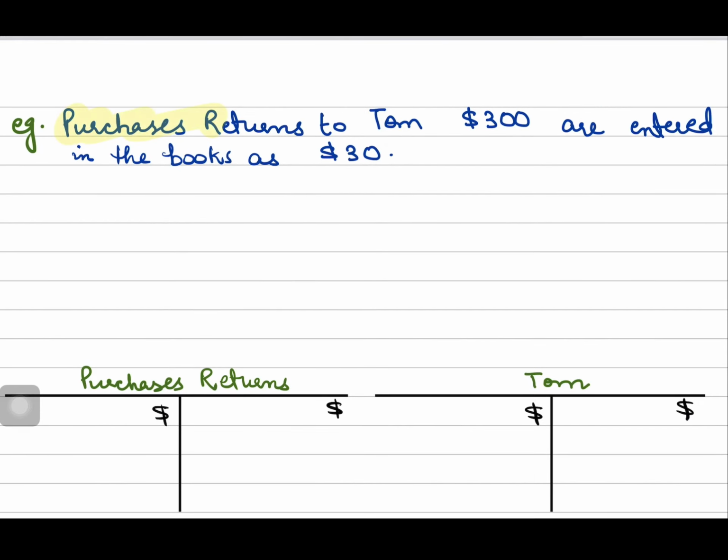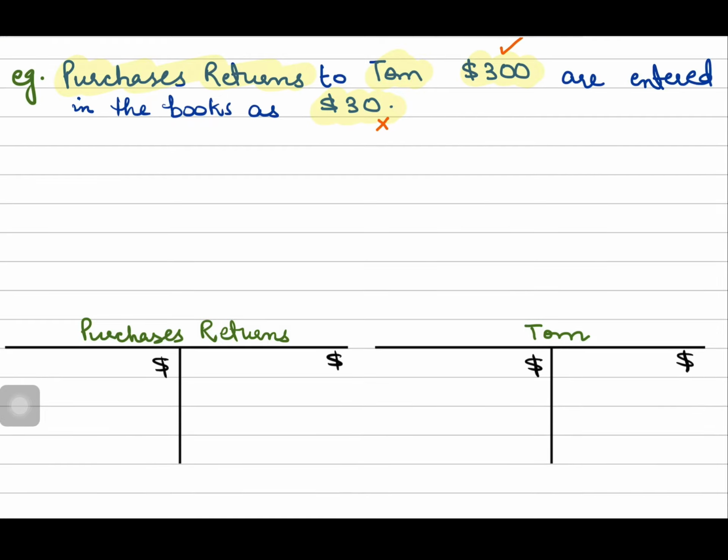For instance, purchases returns to Tom amounting to $300 are entered in the books as $30. So, the original value of the transaction was 300, however, it has been entered as $30. So, what have we done? We know that purchases returns are always credited, as it shows a decrease in inventory. You have returned your goods to your supplier.